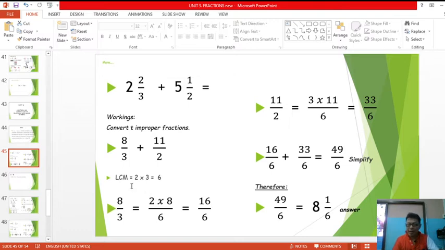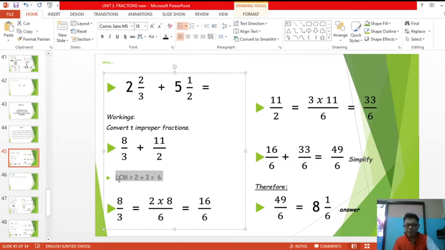We have 8 over 3. Our new denominator is 6. Let me write this one, I hope you can see this. This new denominator is what we're going to use for our equivalent fractions for both fractions.